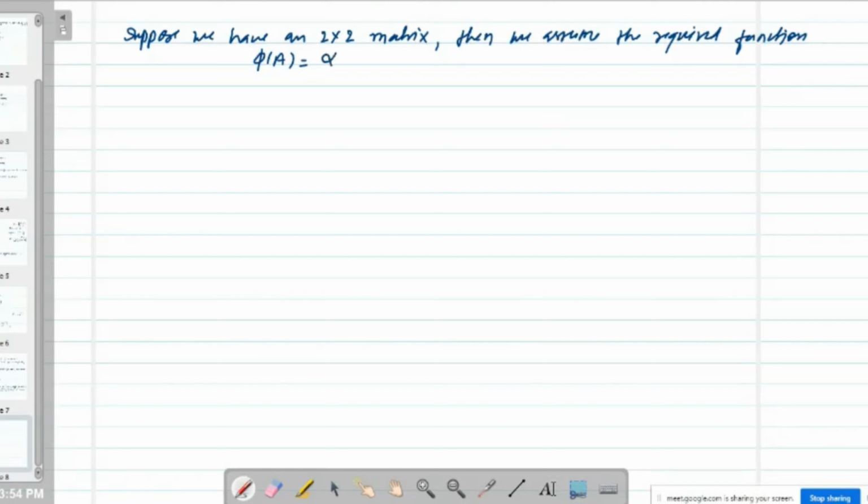We write here alpha 1 A plus alpha naught I, where alpha naught and alpha 1 are constant to be determined. ओके, सो इस तरह से इसको हम एक्सप्रेस कर सकते हैं पावर को.